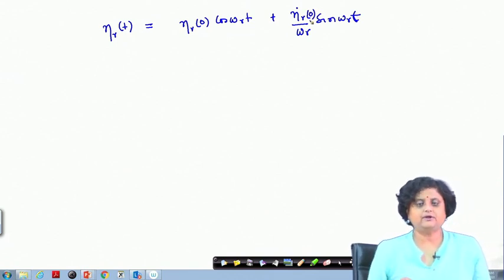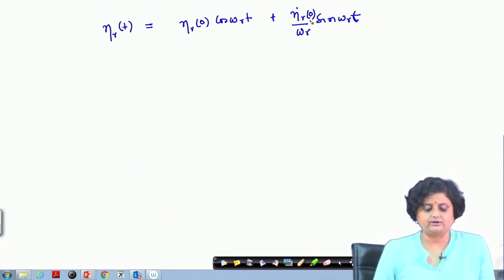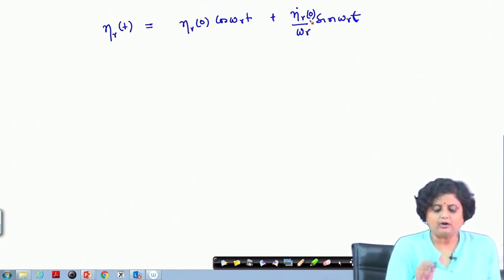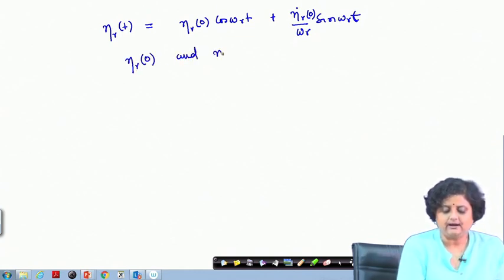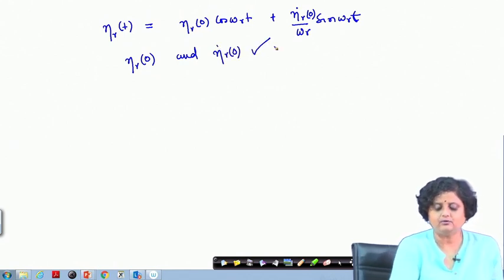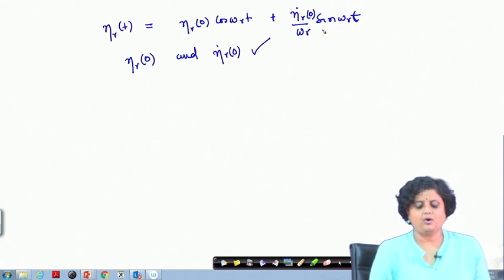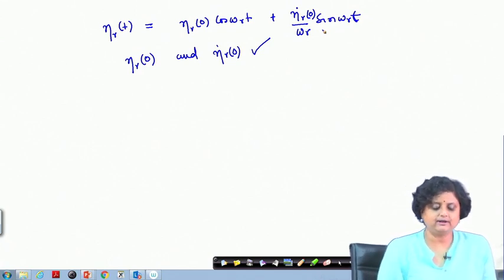So, this is the solution for the previous equation. Now, I can solve this if I know the value of eta r 0 and eta dot r 0. If I know this value, then I will be able to get the expression exactly.